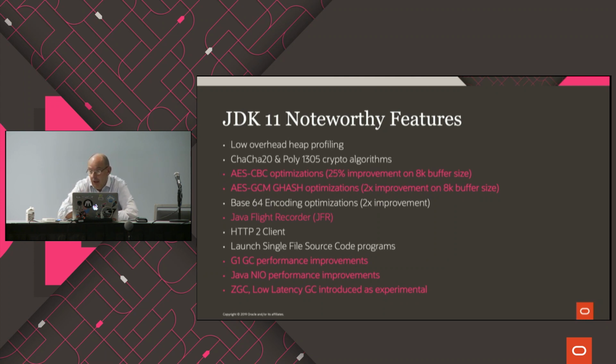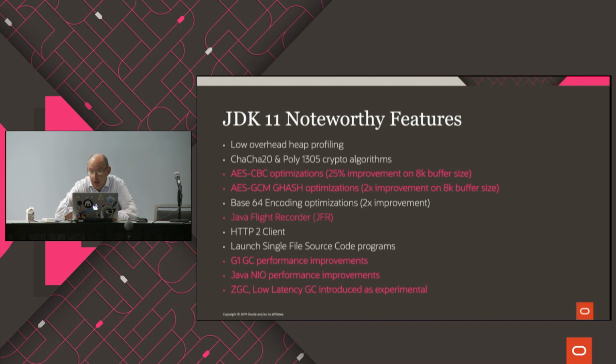Then clearly, a lot of work on the GC side, both on G1. Then we introduced our ZGC collector, which is positioned on the high end, going after petabyte heaps, as in a few years we will have hardware vendors building petabyte systems.